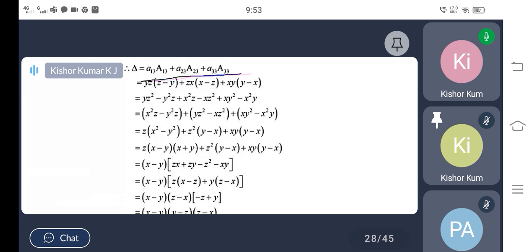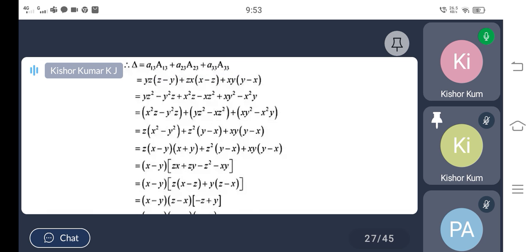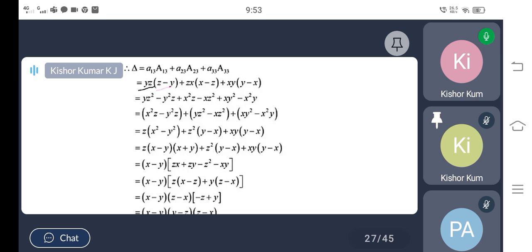After substitution, I need to go for a multiplication. YZ with these two elements do the multiplication, and in the next, ZX do the multiplication of the two terms, and XY do the multiplication with Y minus X.